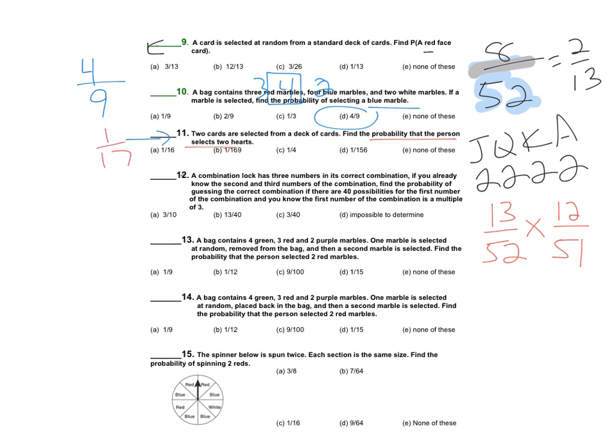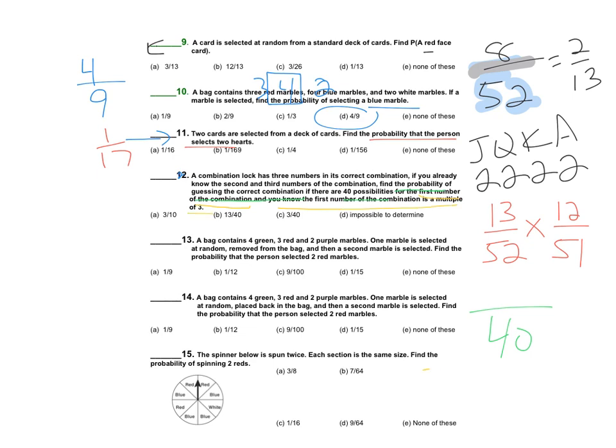A combination lock has 3 numbers in its combination. You already know the second and third numbers. Find the probability of guessing the correct combo if there's 40 possibilities. So there's 40 total outcomes. You know the first number has to be one of the 40, and the first number is a multiple of 3.